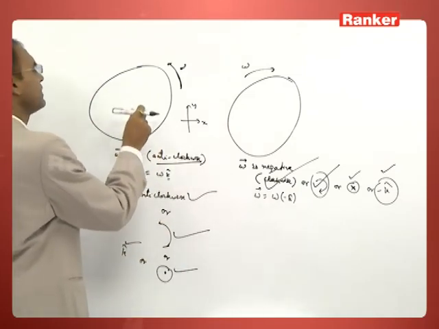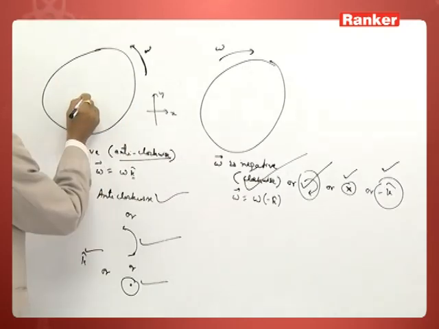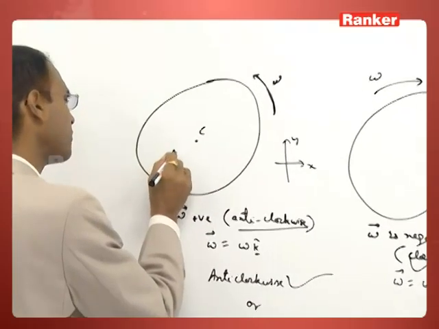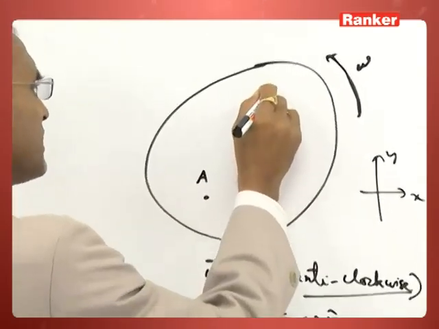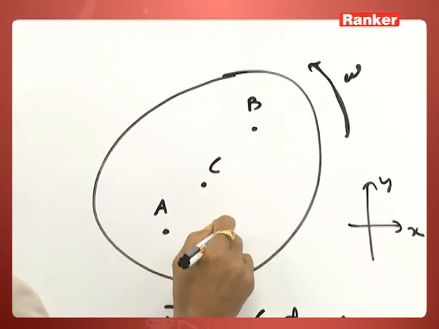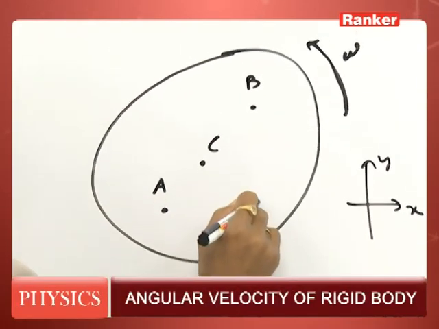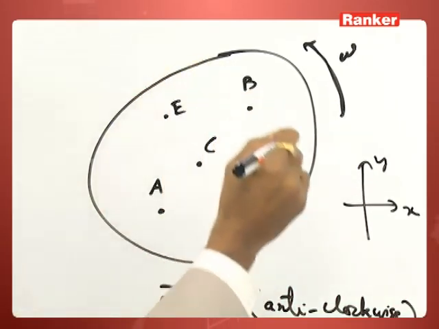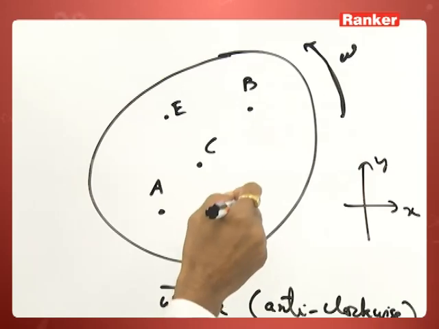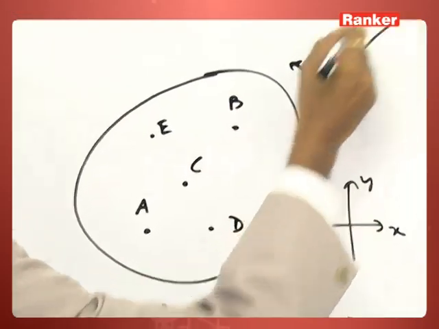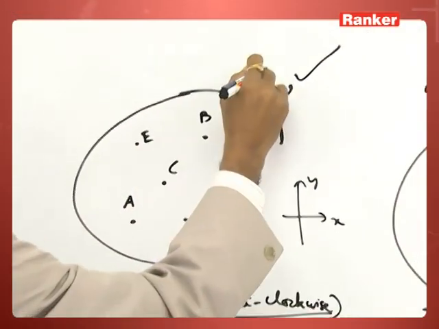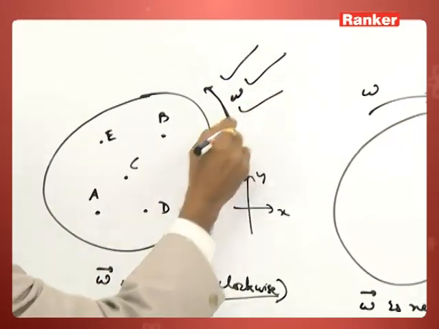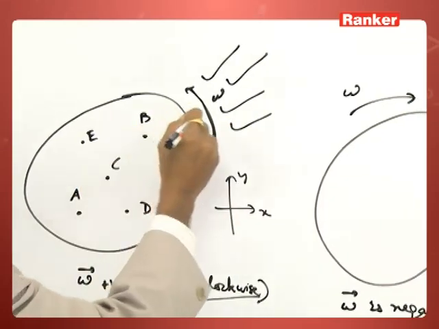Angular velocity about the central axis, about an axis passing through this point B, about an axis passing through the point D, about an axis passing through the point E. You can take a number of points. If you take all perpendicular axes, about this axis omega is the same, about this axis you have the same omega, about the central axis you have the same omega.